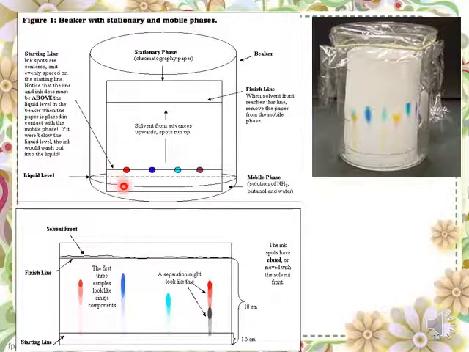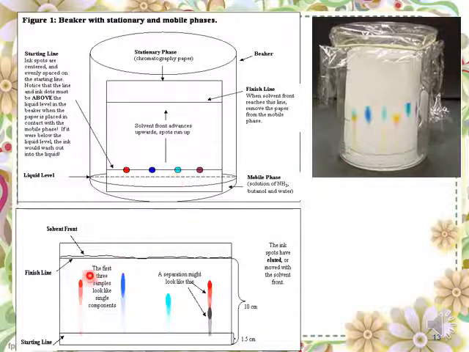Once this mobile phase has reached this line, we take the paper or thin layer chromatography plate out of the beaker. Note that we must cover the beaker so that the solvent remains concentrated in the beaker without vaporizing out.